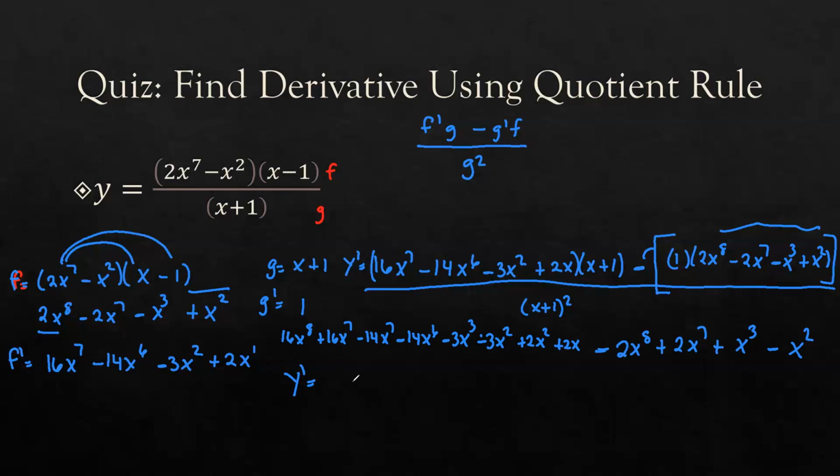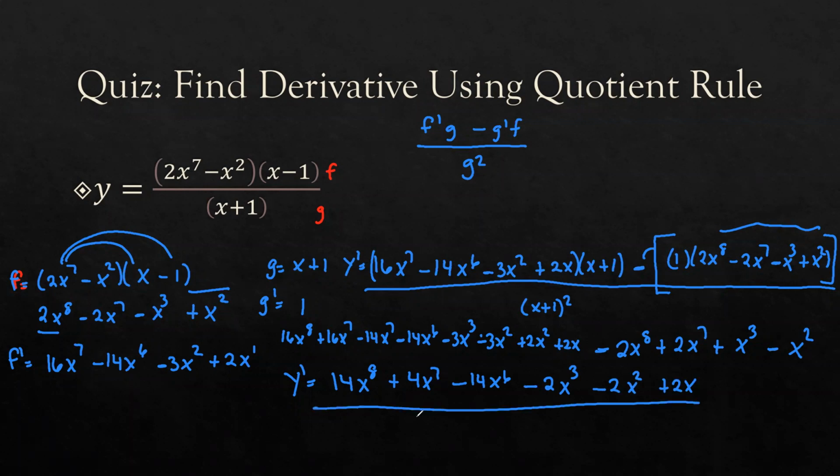On the numerator, it's just going to be 14x^8 plus 4, not 14, it's 4x^7 minus 14x^6 minus 2x cubed minus 2x squared plus 2x, and then on the bottom it's just x plus 1 squared. I would not FOIL out the bottom, just leave it as it is, and this is your final answer.